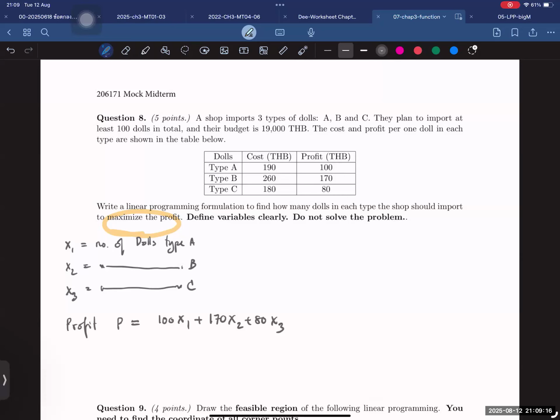Because for $1 you earn a profit of 100 baht. If you have $10, it's going to be 10 times 100. If you have x dollars, you're going to have 100 times x1. That's the profit. So we want to maximize P, which is this.